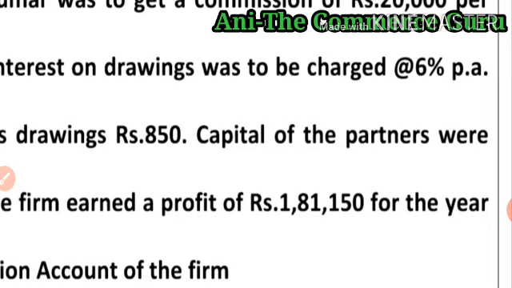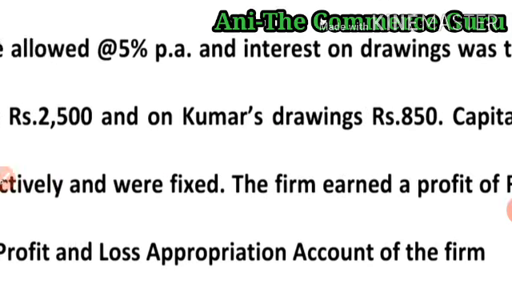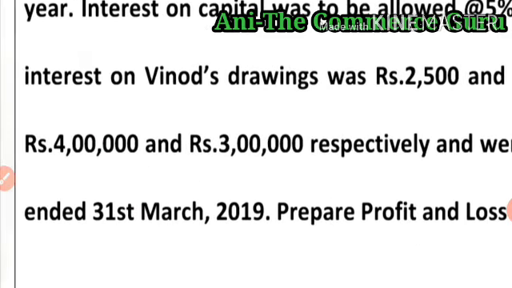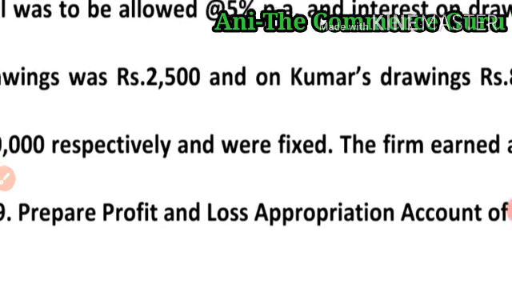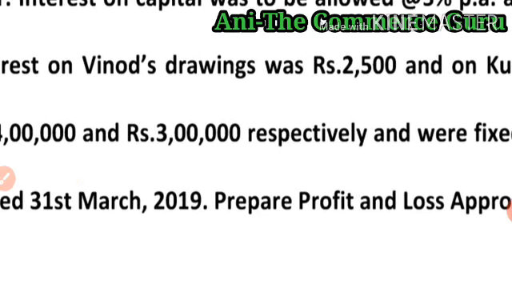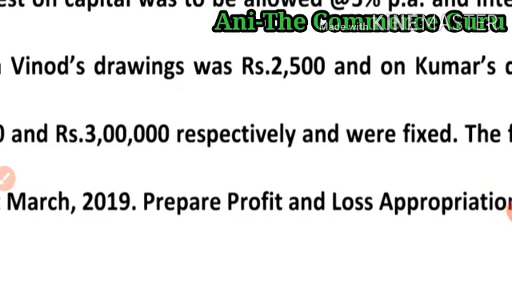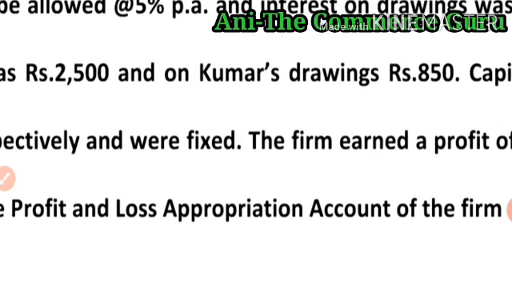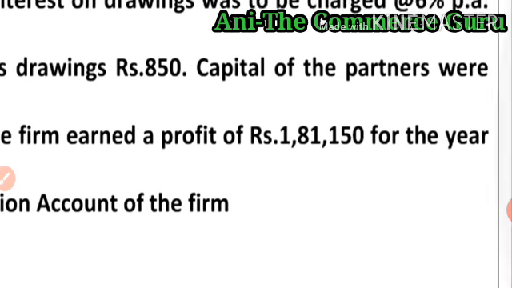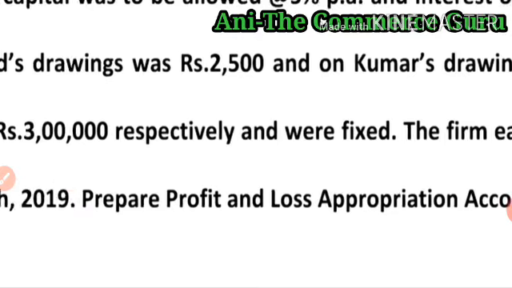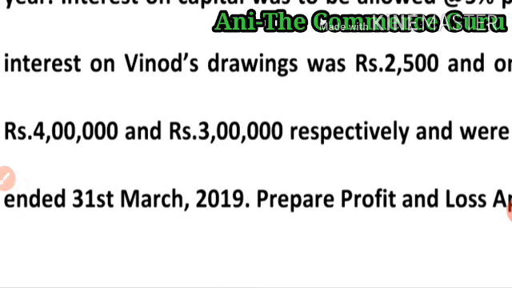Then capital of the partners were rupees 4 lakhs and rupees 3 lakhs respectively, and were fixed. So these are the fixed capitals of the partners, rupees 4 lakhs and rupees 3 lakhs. The firm earned a profit of rupees 1,81,150. So the net profit of the business as per P&L account is given in the question, 1,81,150 for the year ended 31st March 2019.